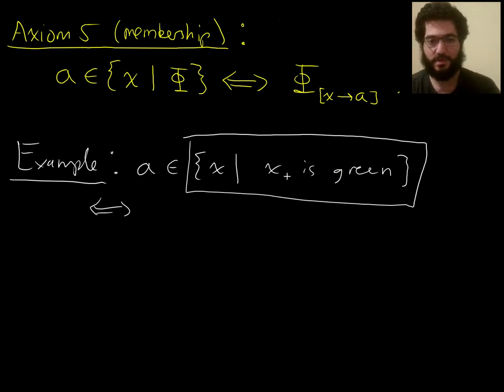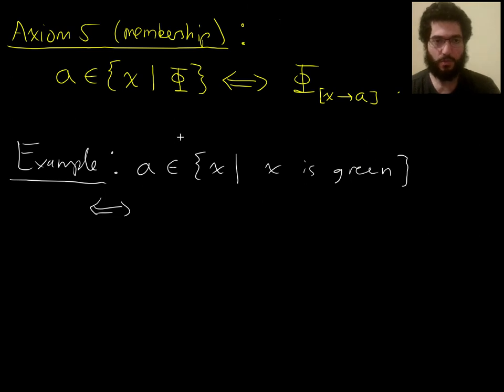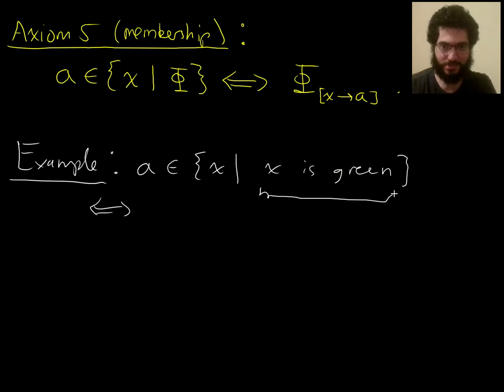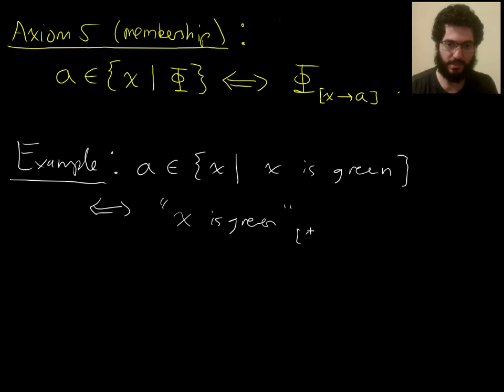What does it mean for A to be in the set of all green things? Well, according to axiom 5, it means the phi, the proposition here, holds if I were to take it and replace all the X's by A's. So what do I get when I take this and I replace all the X's by A's? I get A is green.